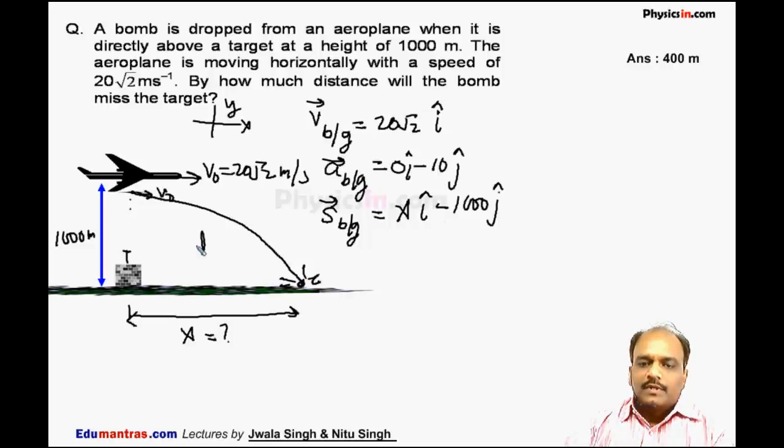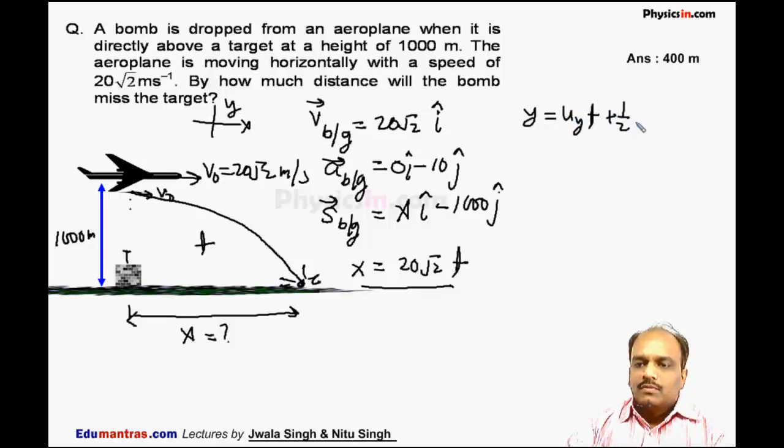Let the time of flight be t. So now we can say x is equal to the horizontal displacement, which is horizontal speed. Horizontal speed is 20 root 2, so it is 20 root 2 into t, and this t is the time of flight. And vertical displacement, I can say y is equal to uy into t plus 1 by 2 ay into t square.